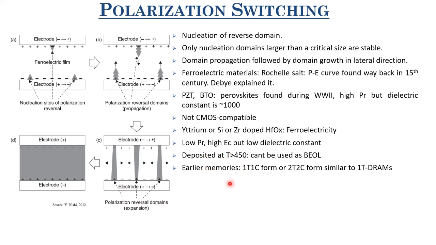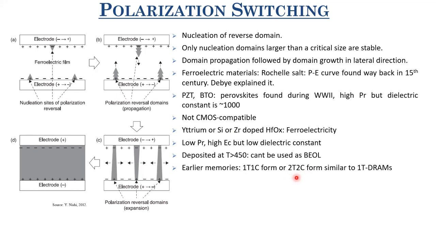Initially, the memories that those startups in the 1980s came up with were basically using PZT, and they were using this ferroelectric material in the form of a capacitor. The operation was similar to the 1T 1C DRAM, with the ferroelectric material as the capacitor. They were also using a 2T 2C form.